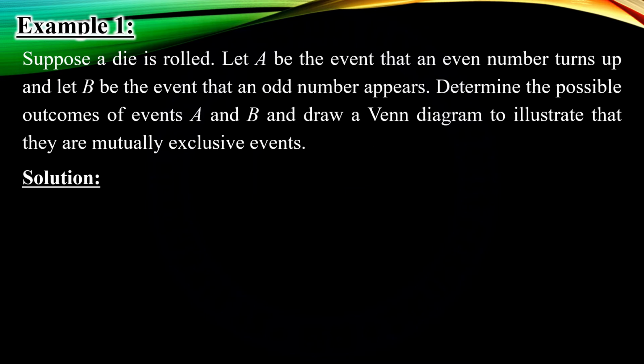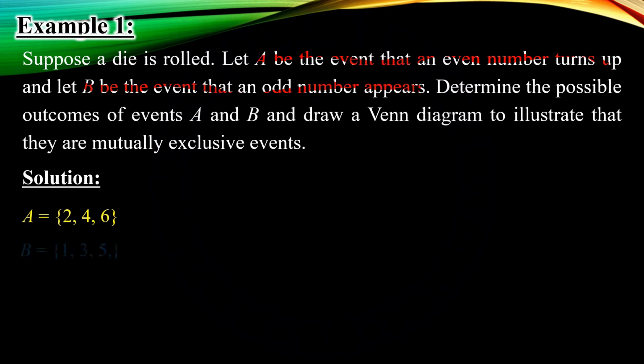Since the given statement emphasizes that the event A is the event that an even number turns up, set A contains 2, 4, 6. And the event B is the event that an odd number appears.